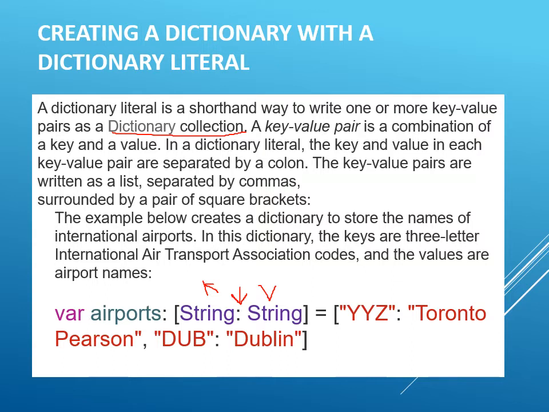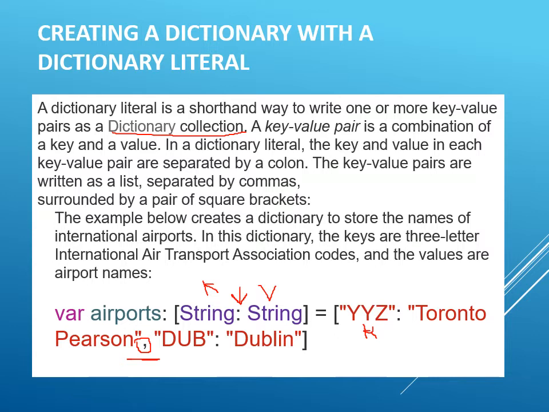You will write the key values as a list, and you will separate one key-value pair from another with the help of a comma. The example below creates a dictionary to store the names of international airports, and these codes will be the keys of these international airports.